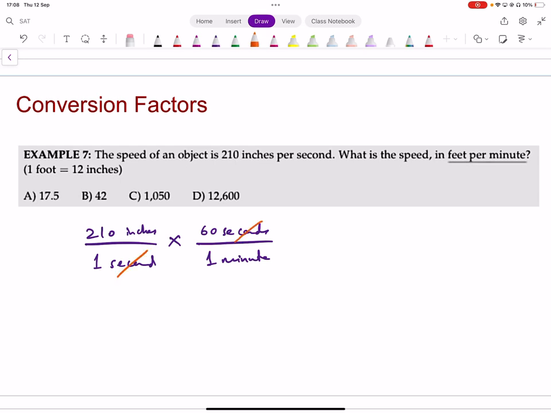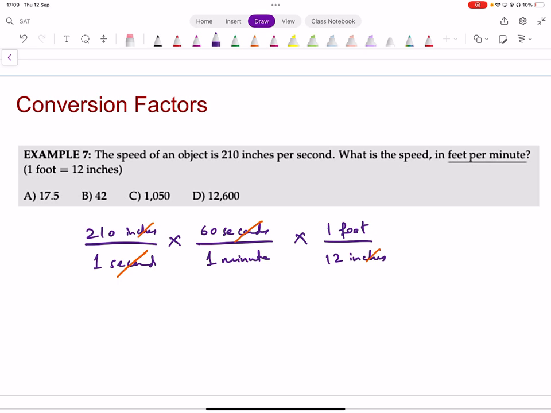Okay, we have minute now. We also need to cancel out inches. What's the conversion between inches and feet? Inches needs to be in the denominator now for it to cancel out. So we have 1 foot over 12 inches. Inches and inches, they get cancelled out. And now we have feet per minute.